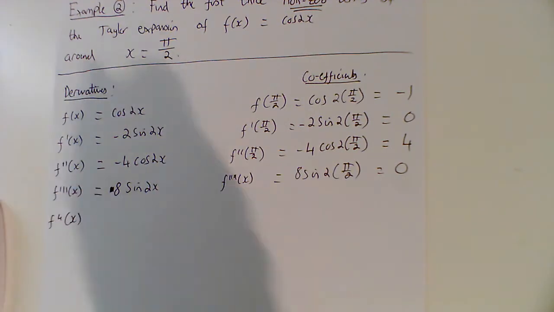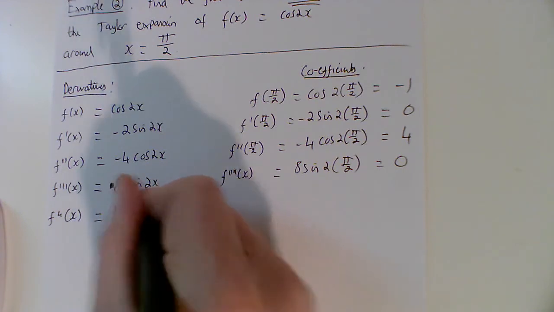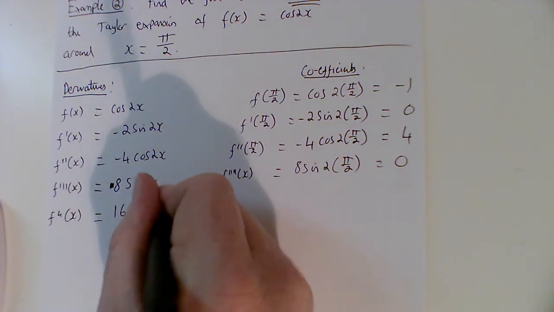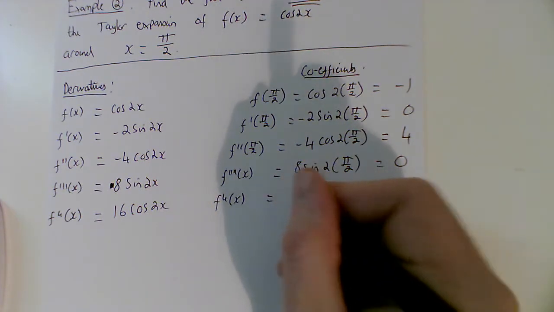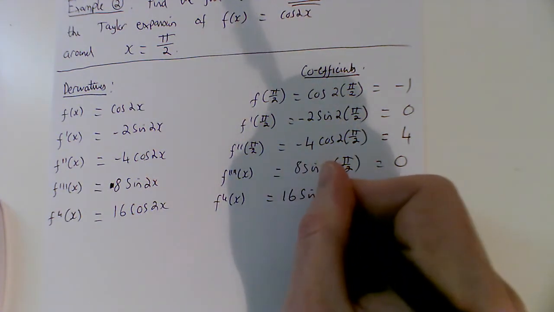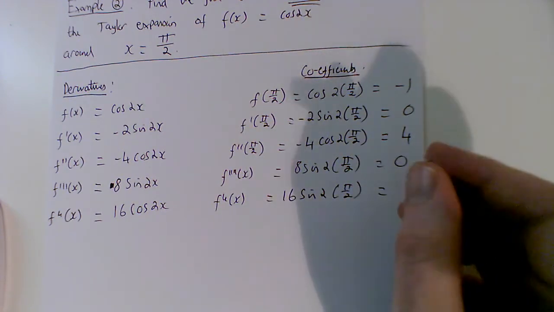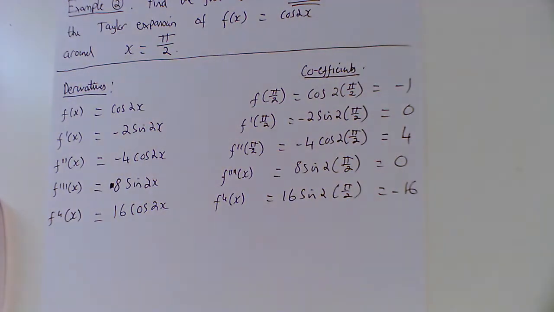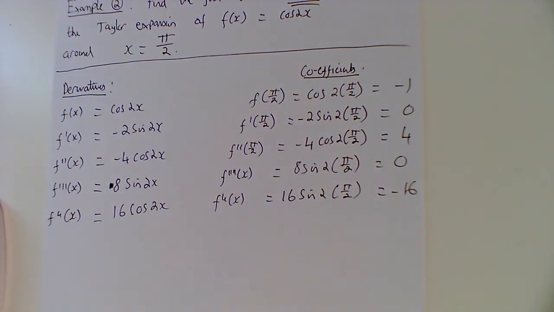So the fourth derivative of x would be 16 cos 2x, which would be -16. So now I've got 3 coefficients that are non-zero.